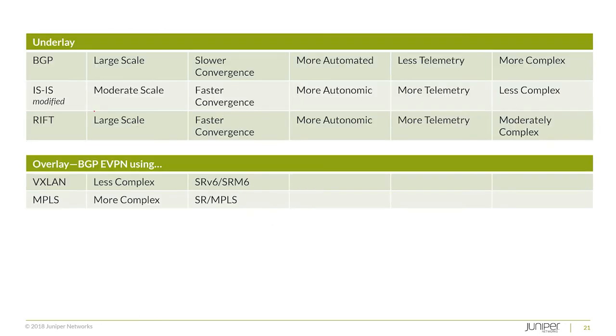Now let's just talk for a second about the underlay routing protocol, right? I have a lot of different choices here. I could use BGP. Now BGP tends to be slower convergence. I tend to have a hard time making BGP converge in less than about a second, or in some cases in minutes.